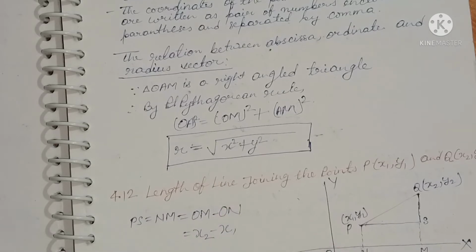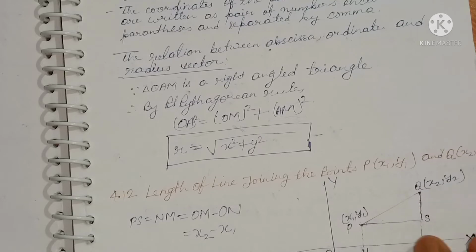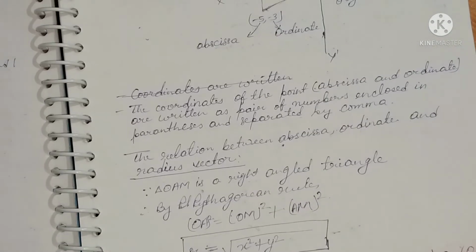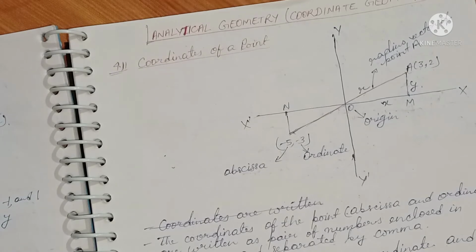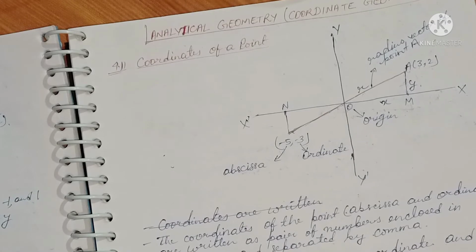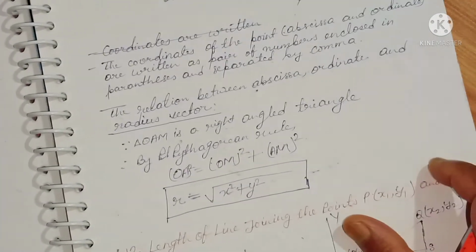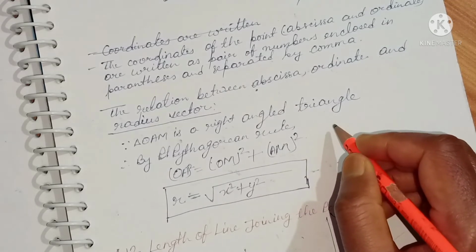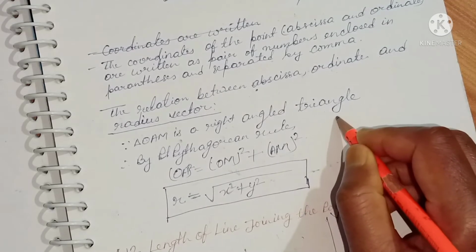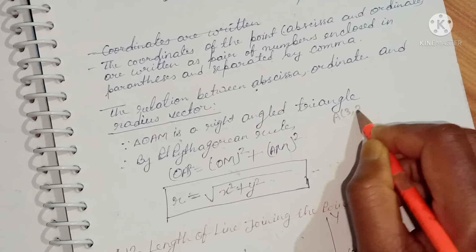Now in this example, I will show you how we can find out the radius vector. Here A is 3 comma 2.